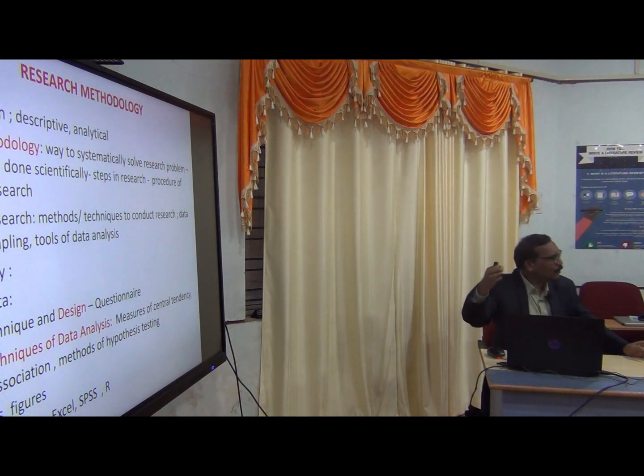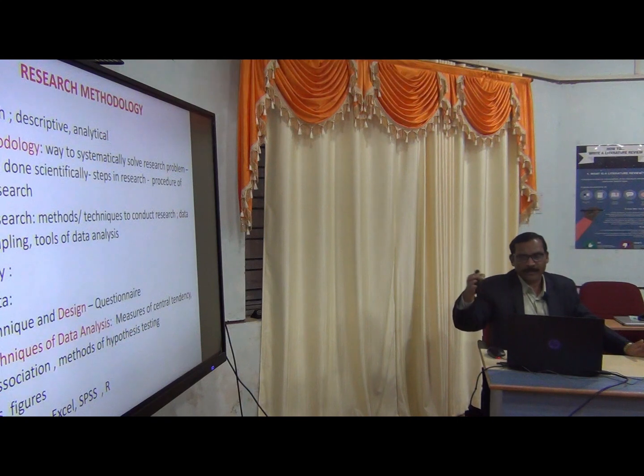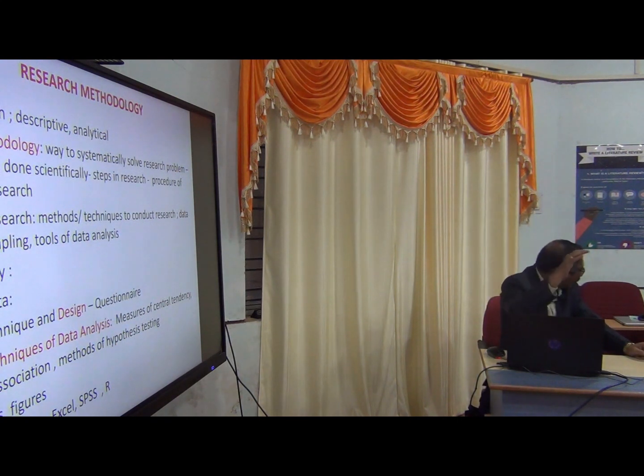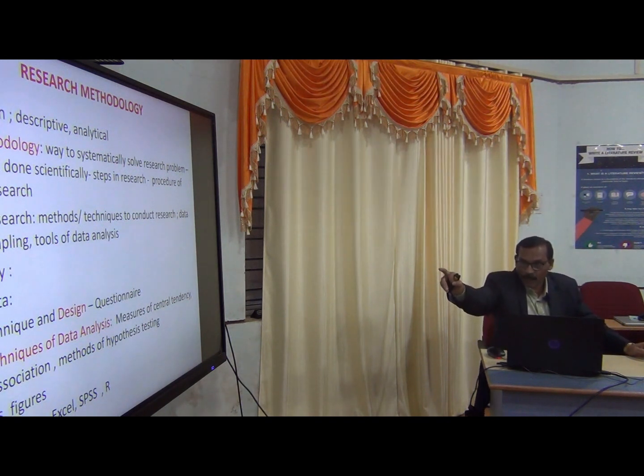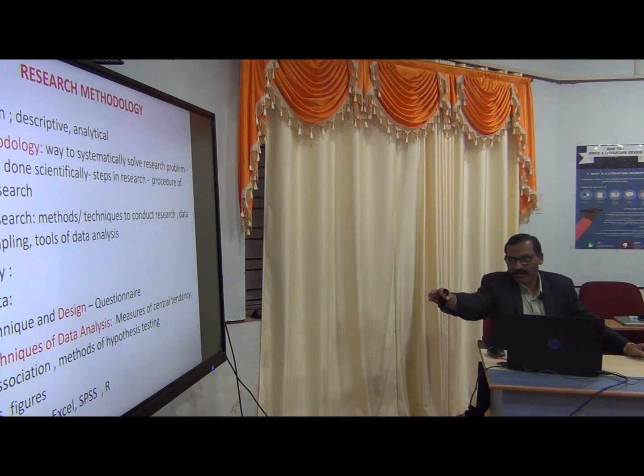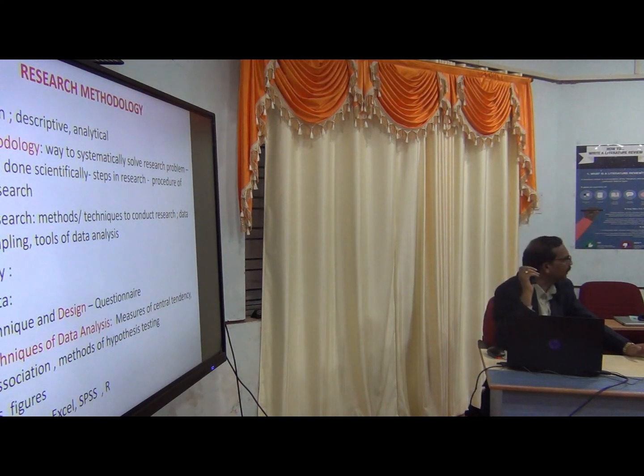And whether you are going to administer a questionnaire for collecting the data, or organizing interviews, or holding group discussions, what you are adopting for collection of primary data, you have to mention in this research proposal or synopsis. Then you have to mention techniques of data analysis, especially quantitative and statistical techniques: measures of central tendency, dispersion, association, and methods of hypothesis testing as well. Which method you are going to employ to test the hypothesis, you have to mention.